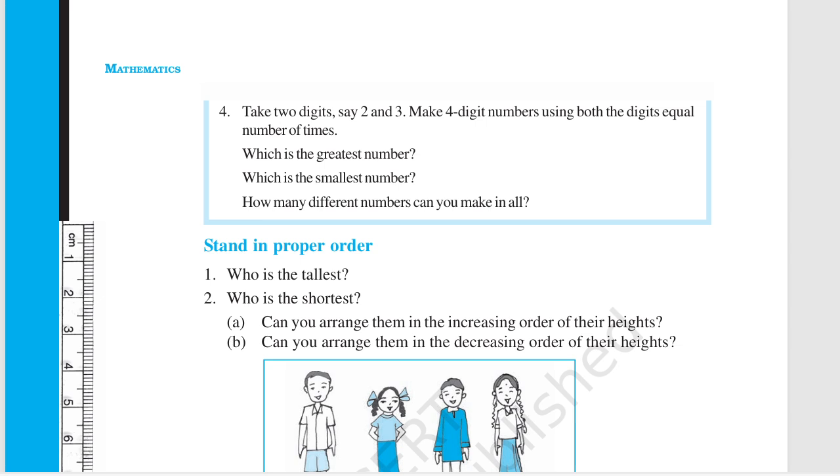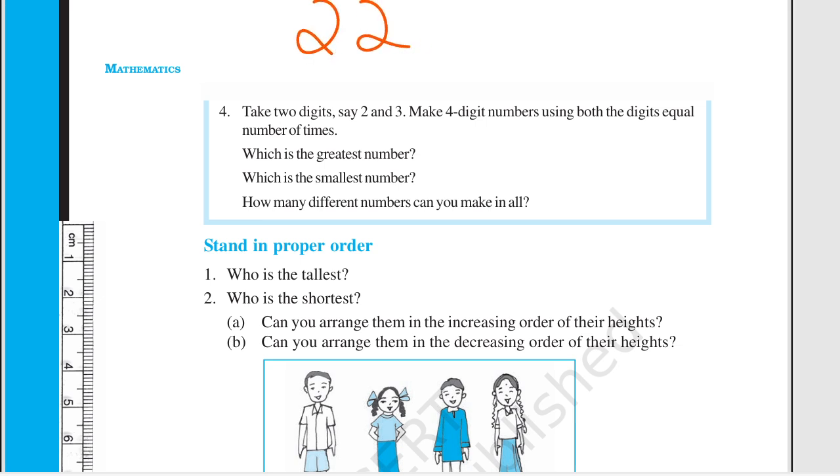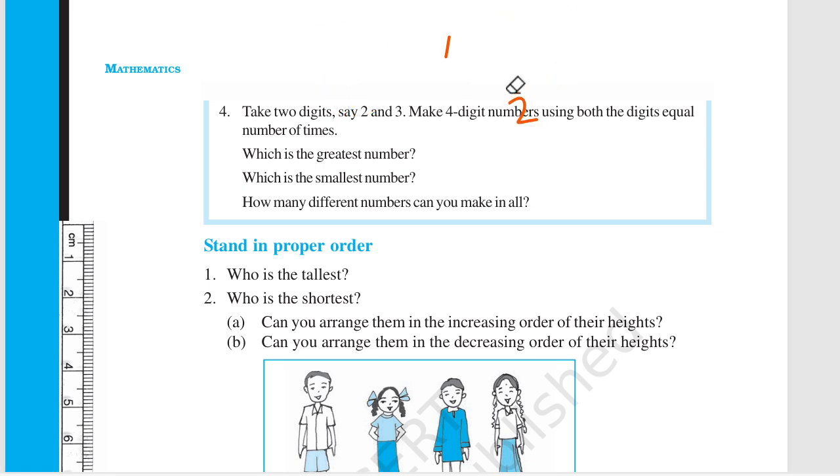Means if we are using 2, we have to write it 2 times and 3 also 2 times, because then only we will use the digits an equal number of times. Means 2 two times, 3 two times.